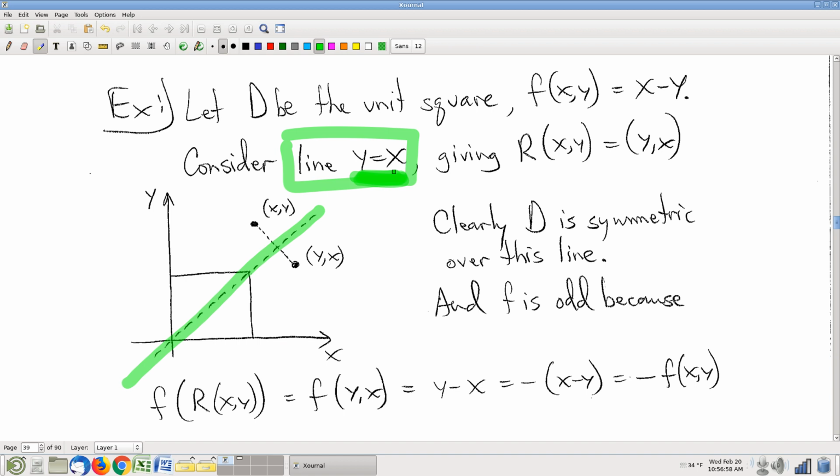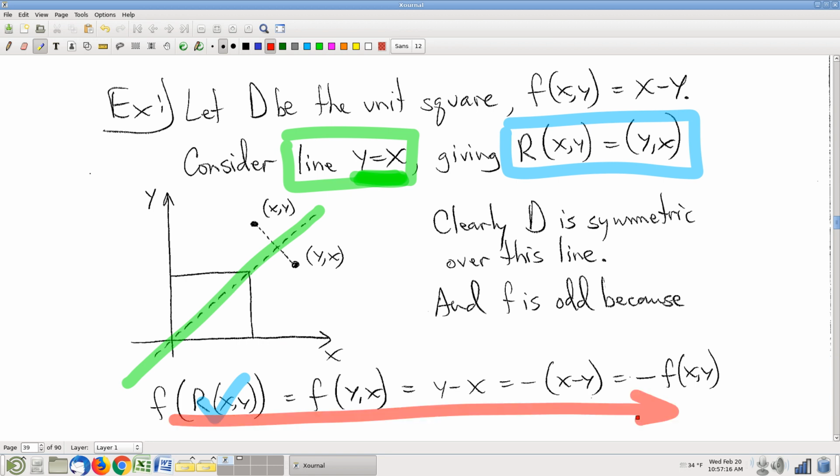Maybe you give me the equation. Give me 2 seconds. So you've got to tell me what the line is. You have to tell me what the formula is for reflection over that line. You then have to use that formula for reflection in making a clear argument to show that the function is in fact odd.